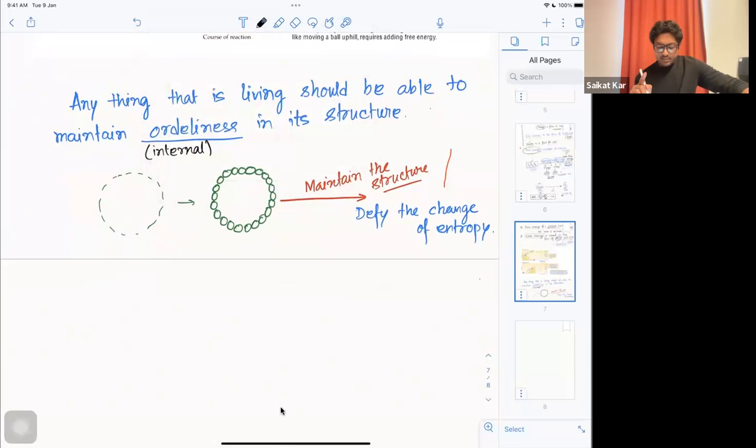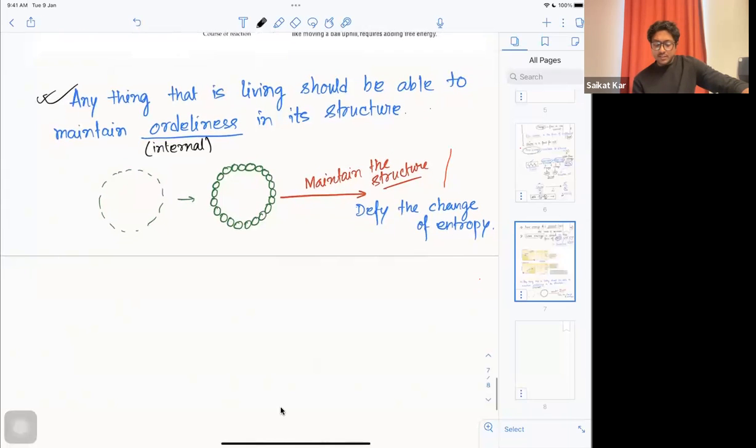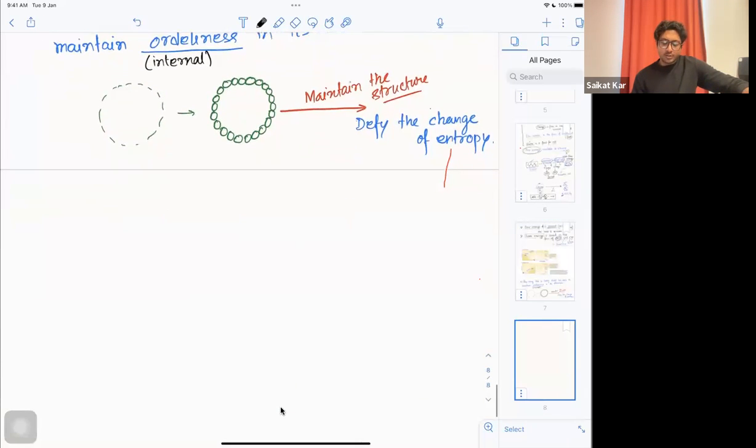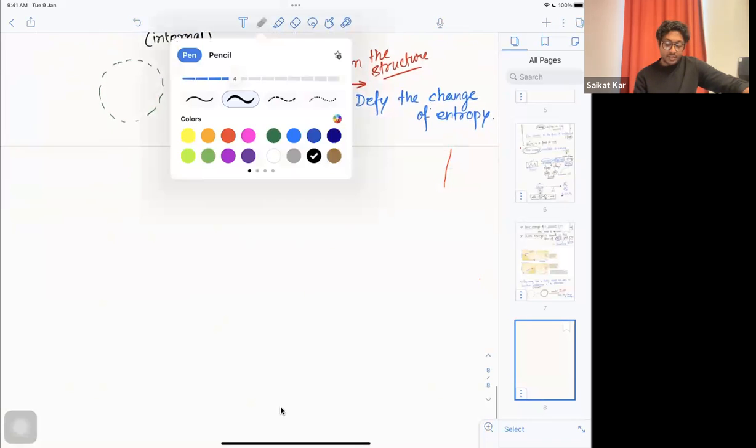And this concept is also present in the CBSE class 10 life processes chapter, first page. So living things should be able to maintain their structure in spite of the structure getting disordered due to a physical law which is applicable for any object on earth.